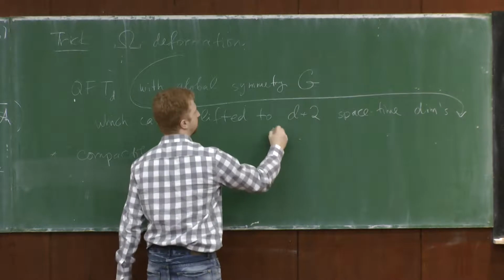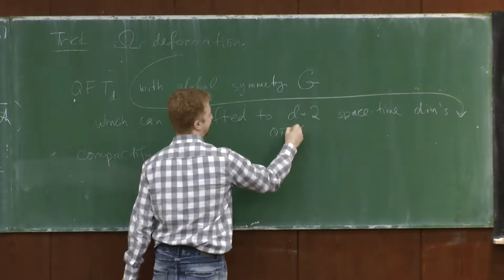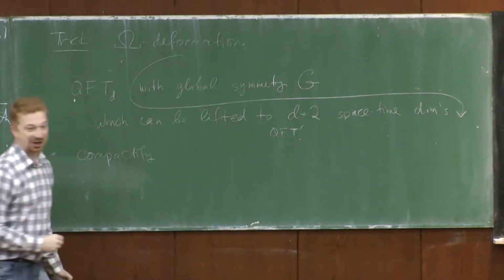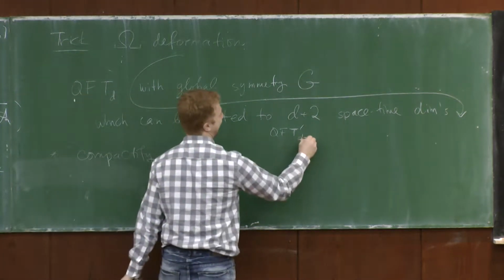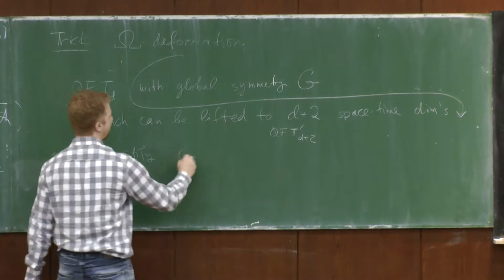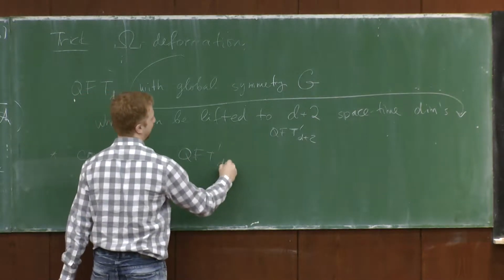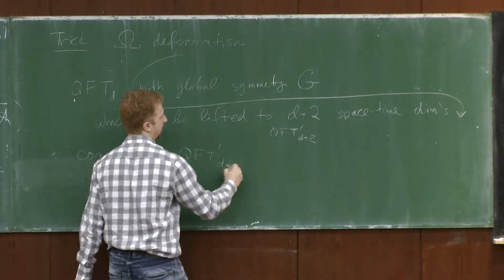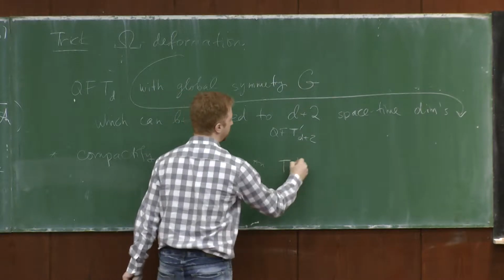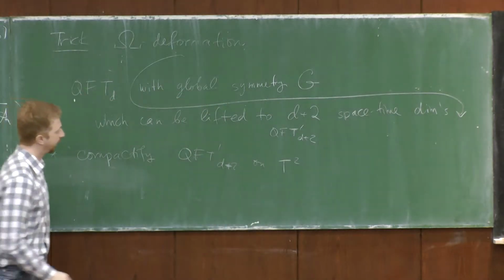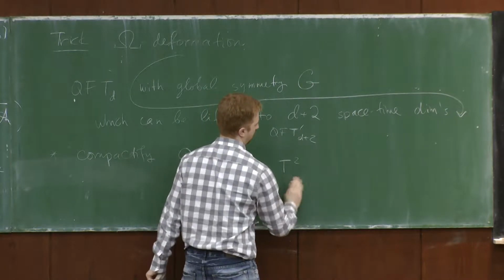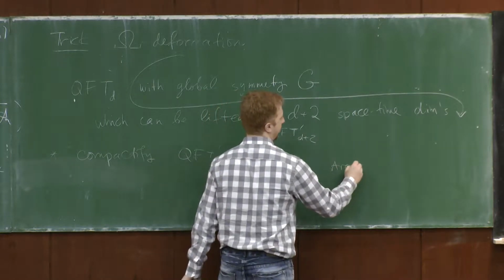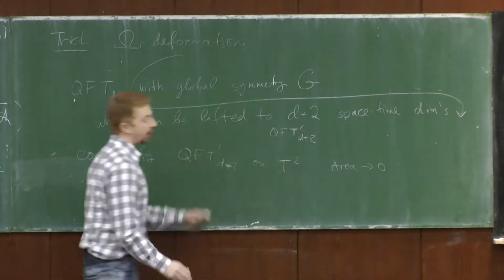Let's call this quantum field theory prime, Strich in German, and so compactify quantum field theory prime on T2. If you just compactify and send the area to 0, you get back the original theory.